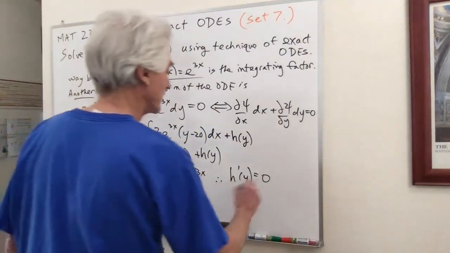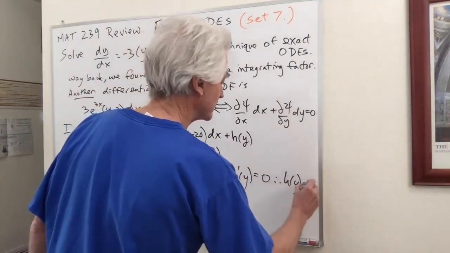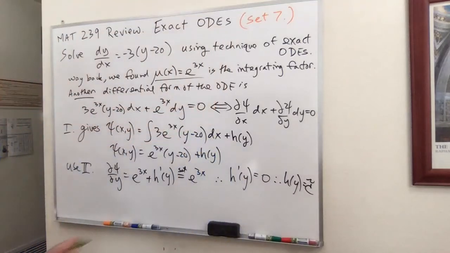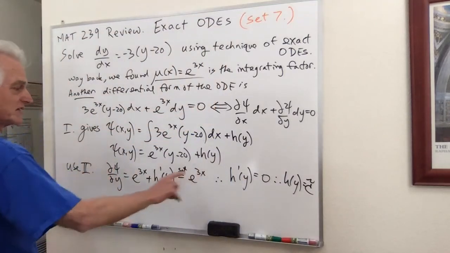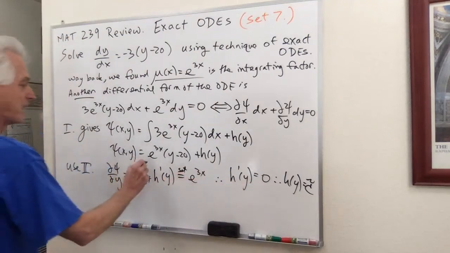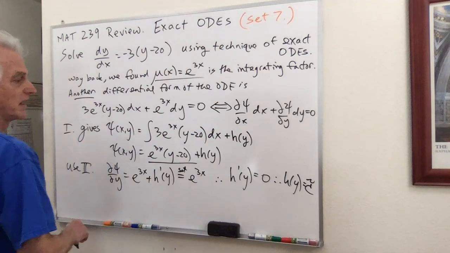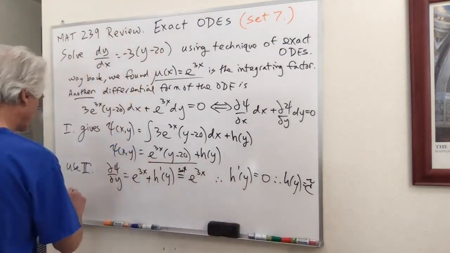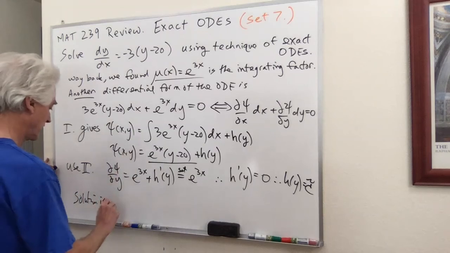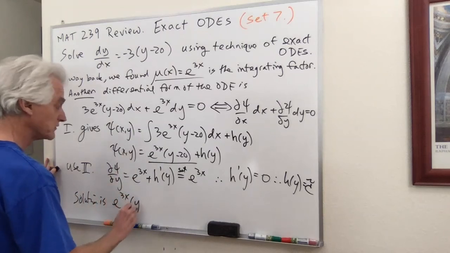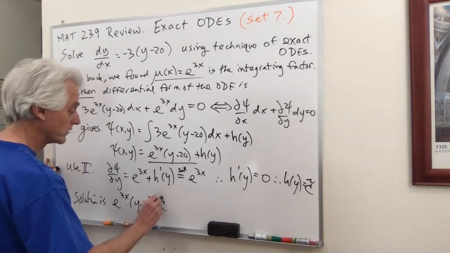Well, this is easy. So h of y is equal to, I'm going to call it c twiddle. So the solution is e to the 3x times y minus 20 plus what I called c twiddle.